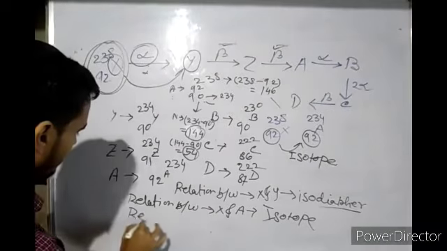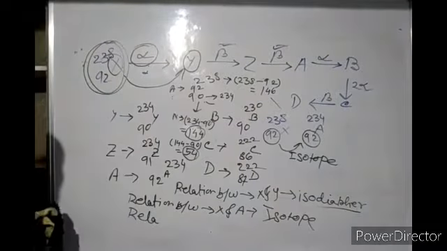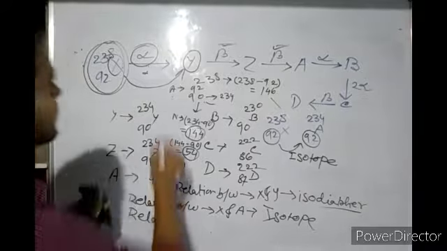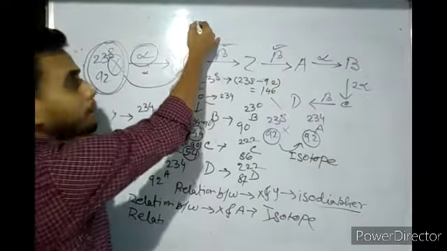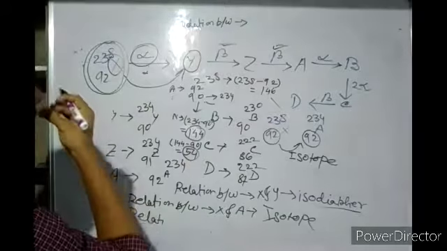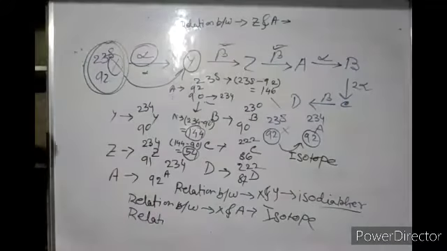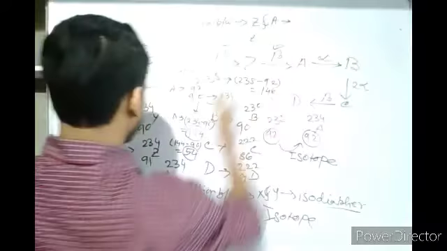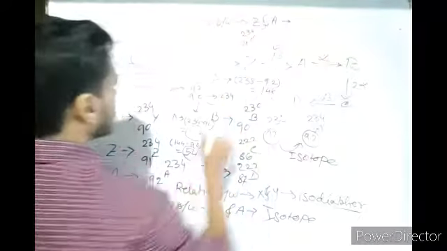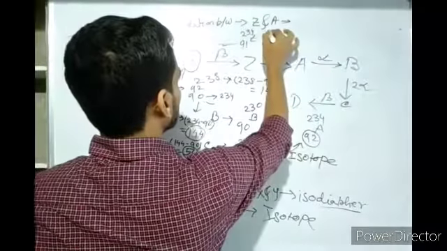Now relation between Z and A. In case of Z, we see 91, 234, and A 92, 234.